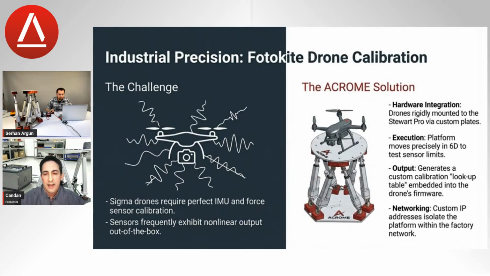In the end, they output a custom calibration file, or lookup table, and embed this file into the drone's software, or firmware. It is a long operation, because they need to repeat this for every half degree, 0.2 degrees, or 0.1 degrees in some cases, through the whole operational workspace.